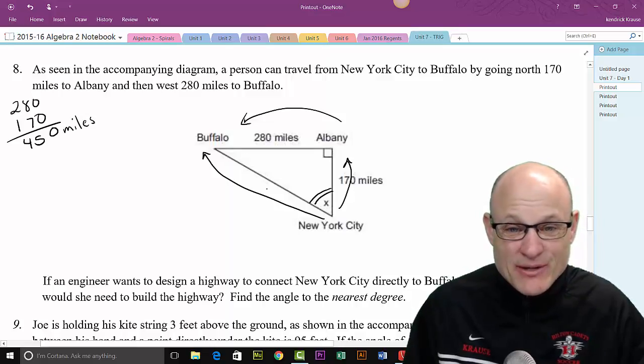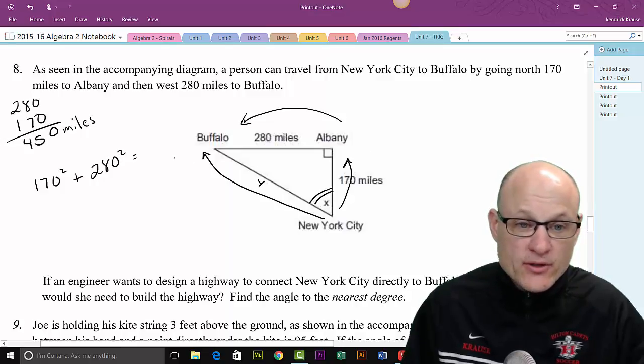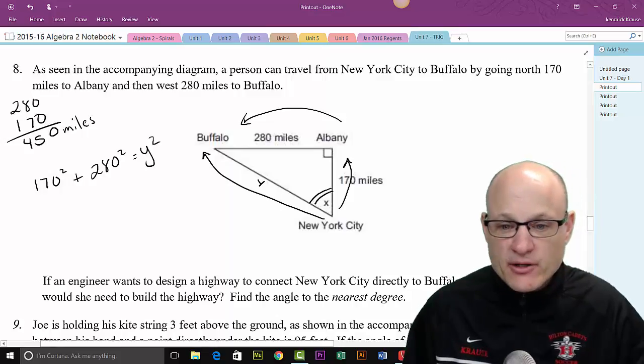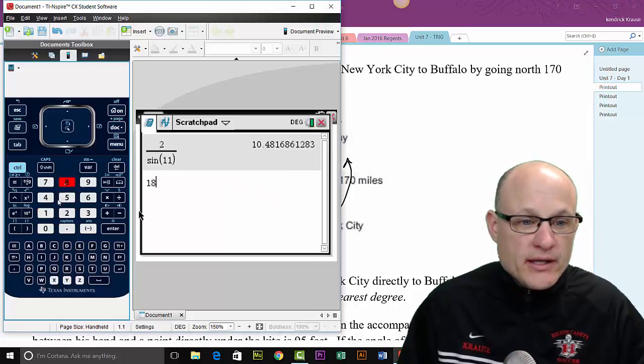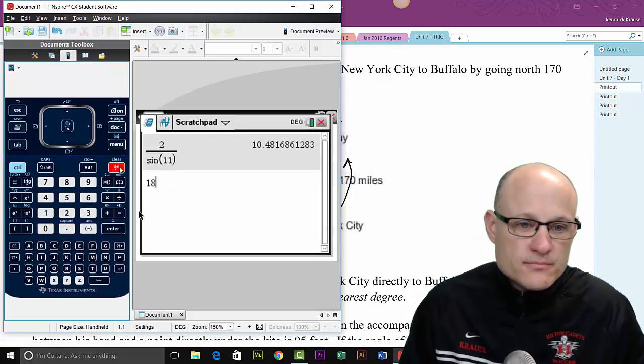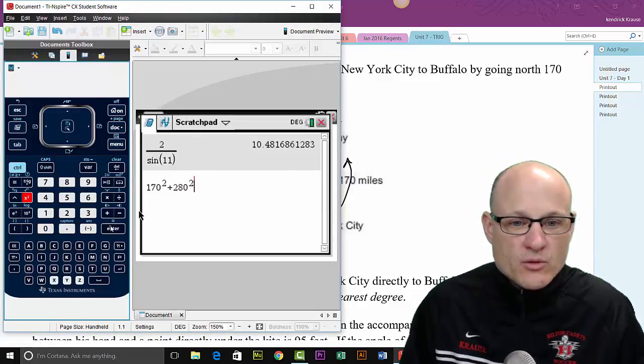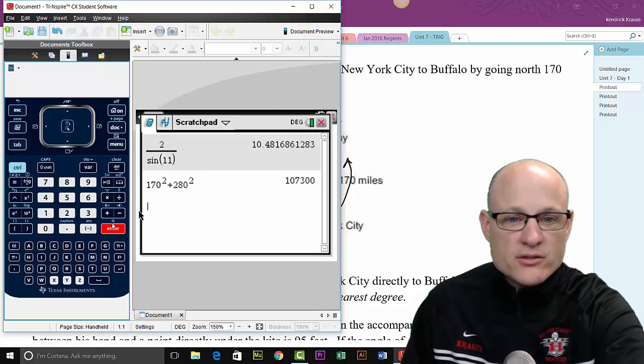And to find this one, I would have to use the Pythagorean theorem. 170 squared plus 280 squared equals, we'll call this y, y squared. So I go to my calculator: 170 squared plus 280 squared equals 107,300.